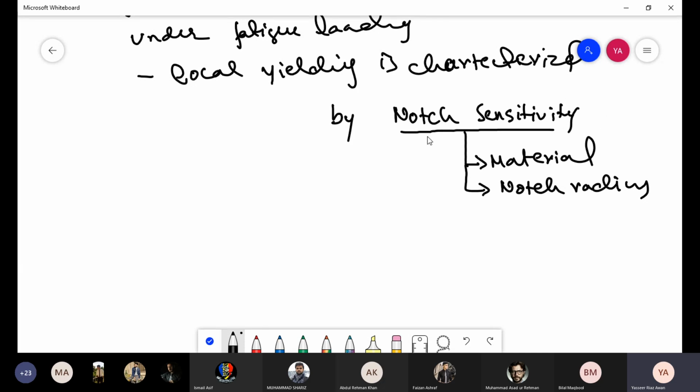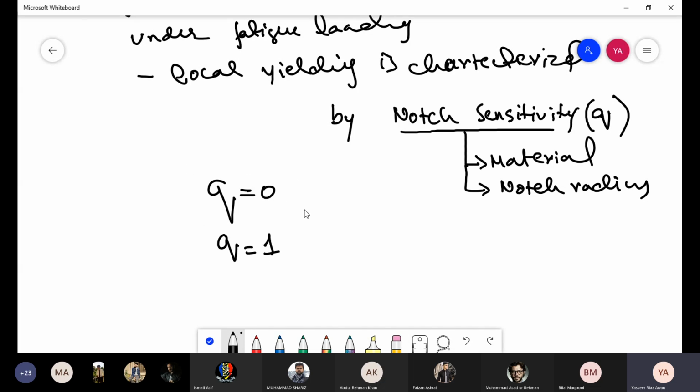says that obviously if this number is higher, okay, so let's talk about this number. Notch sensitivity is generally denoted by q, and q has values that range from 0 to 1.